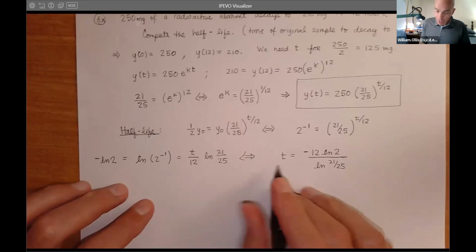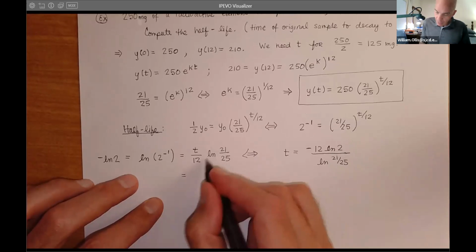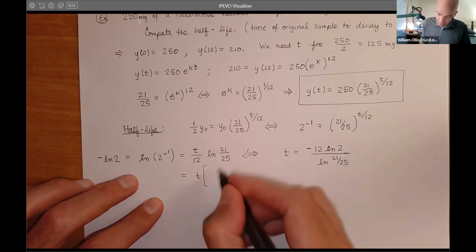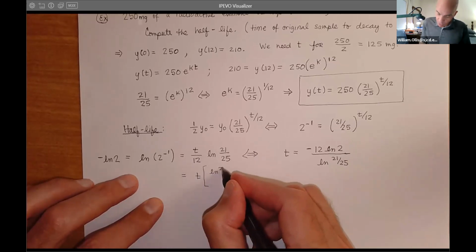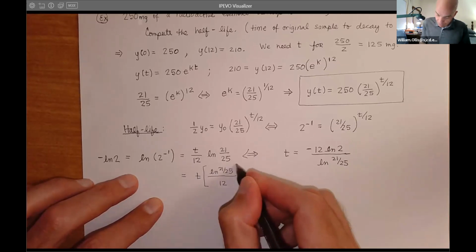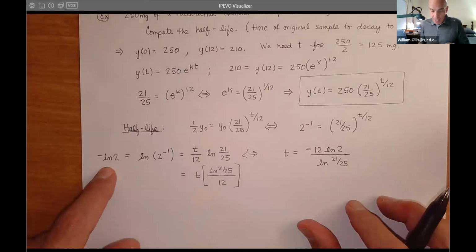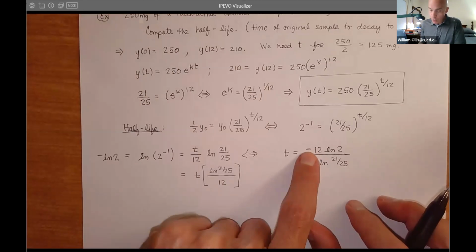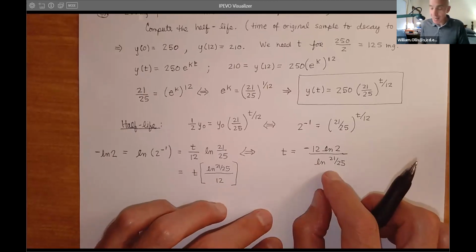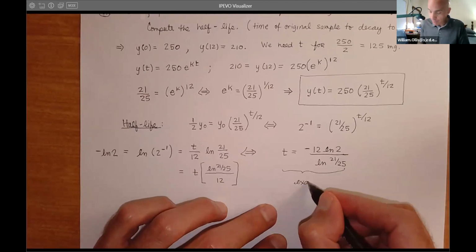So again, when you look at this, you've got the ln of 21 over 25 divided by 12. So you flip it to multiply the negative log 2 by 12 over the log term. And that's the actual time, that's the half-life right there. This is exact half-life.